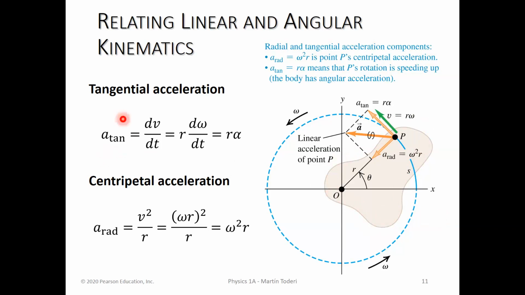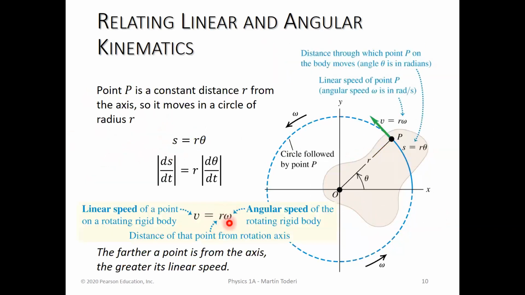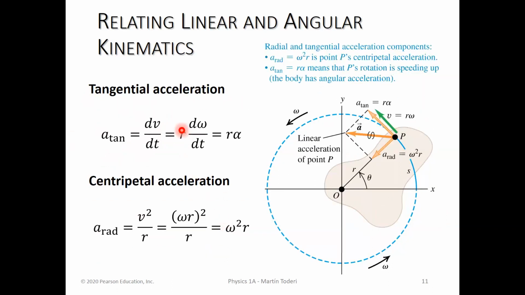We will get the tangential acceleration as the derivative of the tangential velocity with respect to t. If you recall the expression we just calculated, this will be r times the derivative of the angular velocity, and that's r multiplied by the angular acceleration, right?